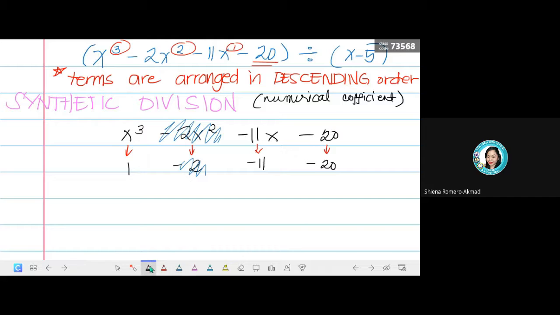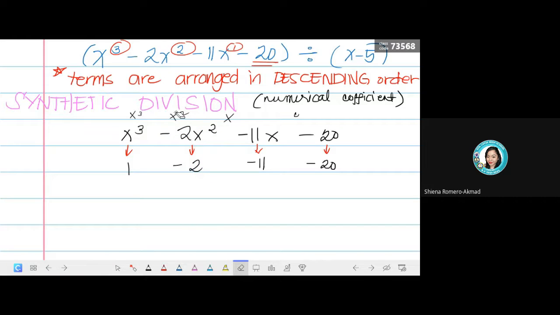So, kunwari wala tayong x squared, pero meron siyang placement dyan. Kailangan tuloy-tuloy dapat x cubed, tapos dito x squared, dito x, tapos dito yung constant number. Kapag meron diyang hindi binigay or hindi kasama sa term, may missing term, you will represent that as 0. Okay? Kaya lang sa case natin na to, meron tayong x squared.